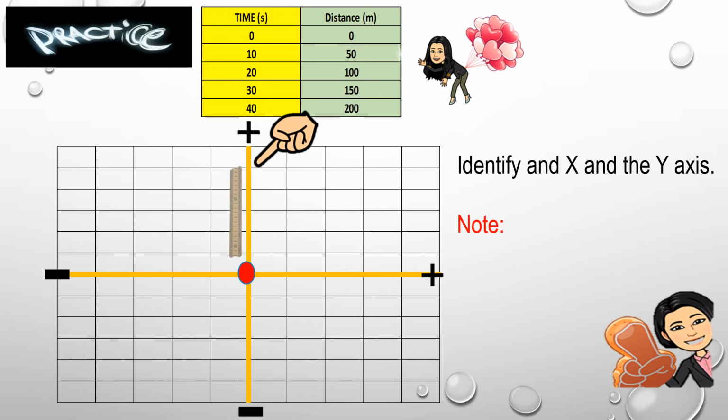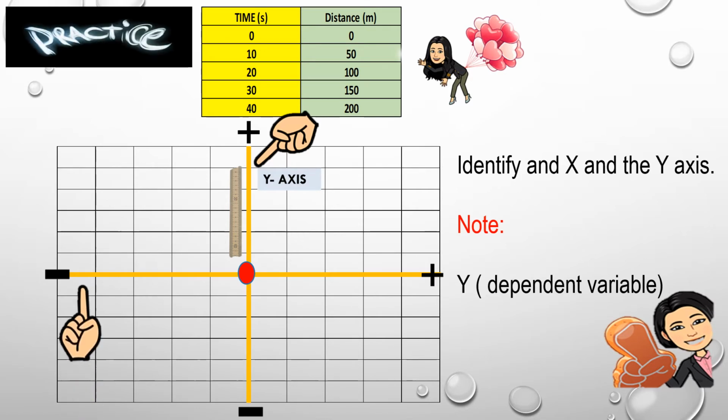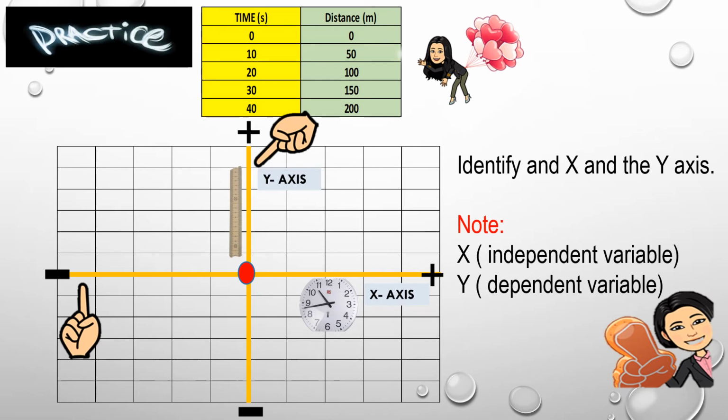Remember, our y is the distance, because the distance is the dependent variable. And your x-axis is the time, because si time ay independent variable.